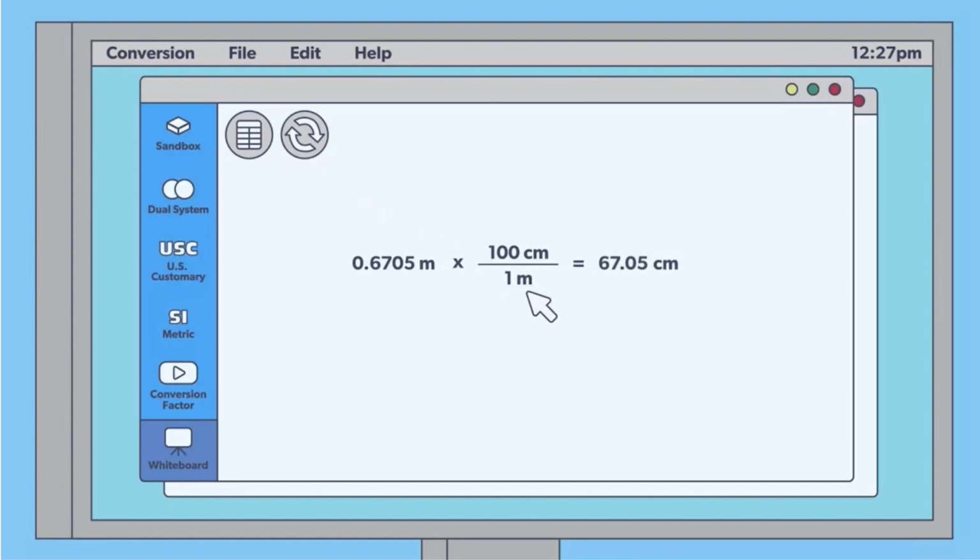Again, notice that the units we are converting from cancel each other out, leaving us with our desired unit of centimeters. We have concluded that 2.200 feet equals 67.05 centimeters.